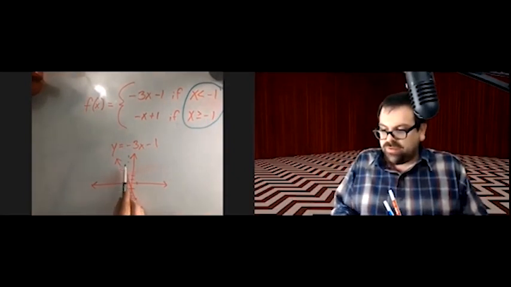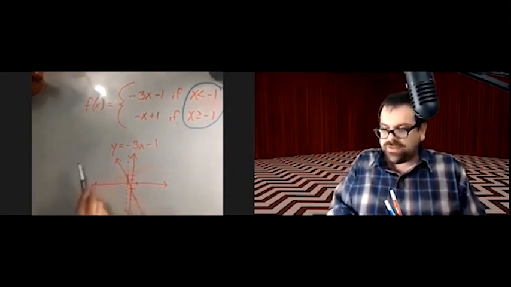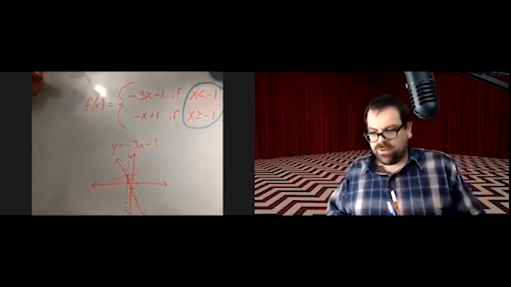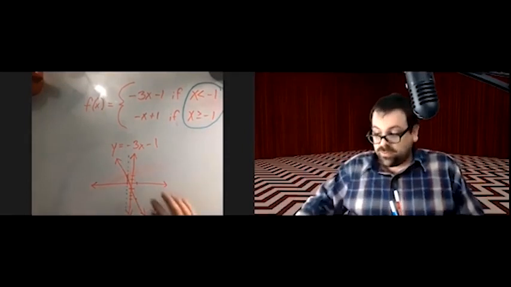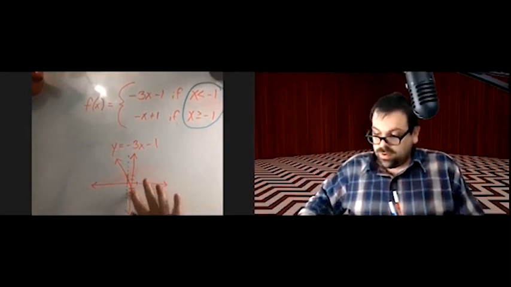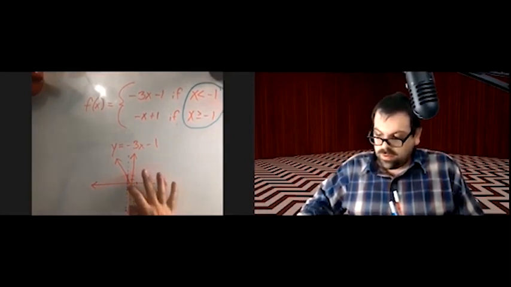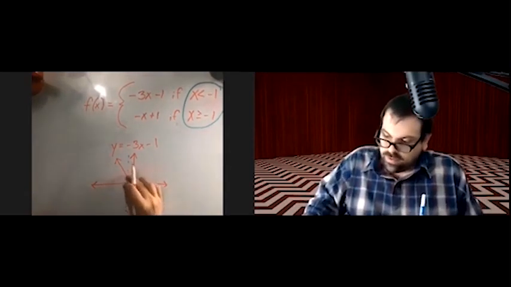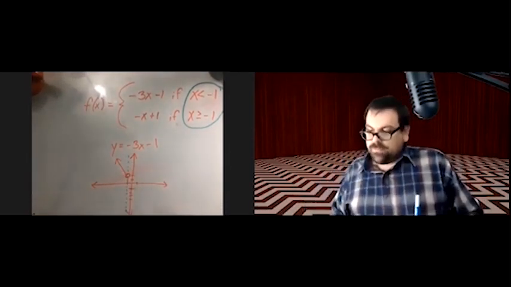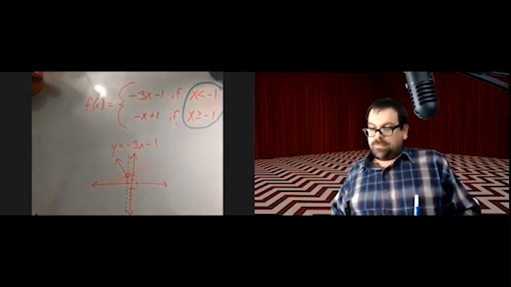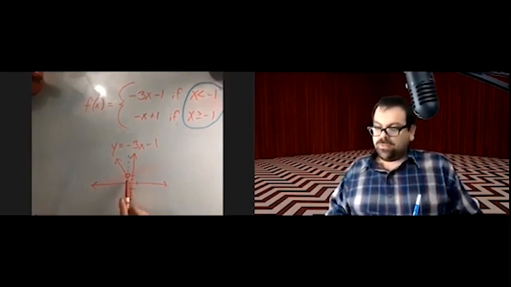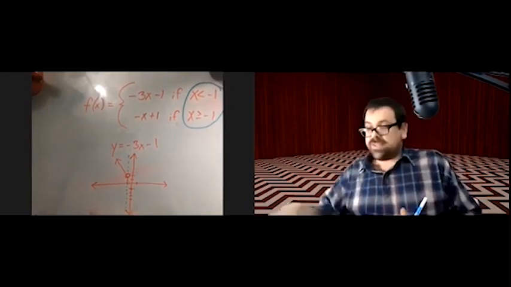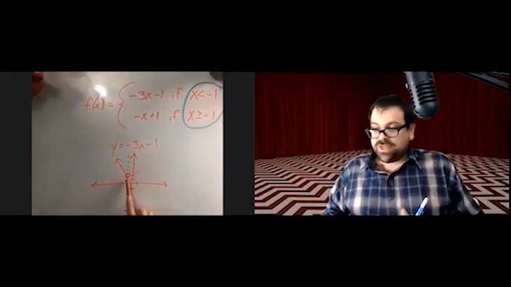So we have this graph everywhere to the left of this dotted line. Where it's greater than or equal, we don't care about any of that. We only care where it's less than -1. And since it's not or equal to, that's an open circle.